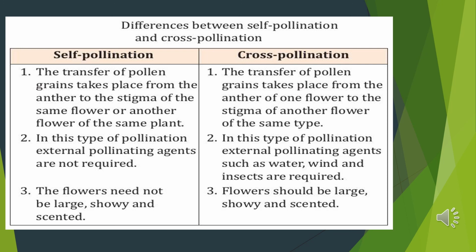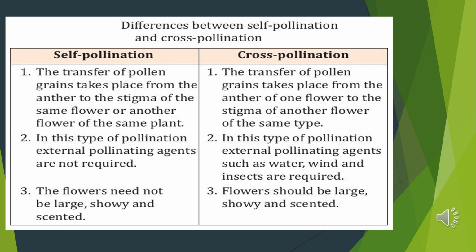Means different plant but the flower should be the same type. In self-pollination, external pollinating agents are not required. But in cross-pollination, agents are required like water, air and insects.